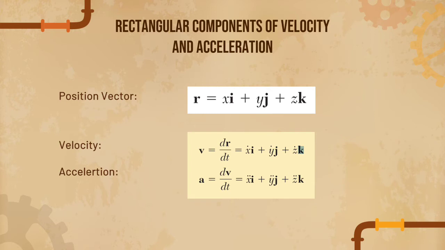For velocity, we have v equals dr/dt equals x-dot i plus y-dot j plus z-dot k. For acceleration, we have a equals dv/dt equals x-double-dot i plus y-double-dot j plus z-double-dot k.